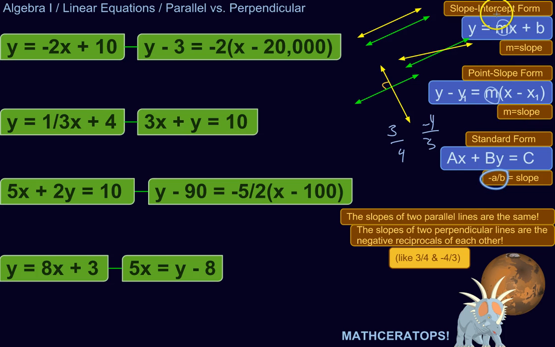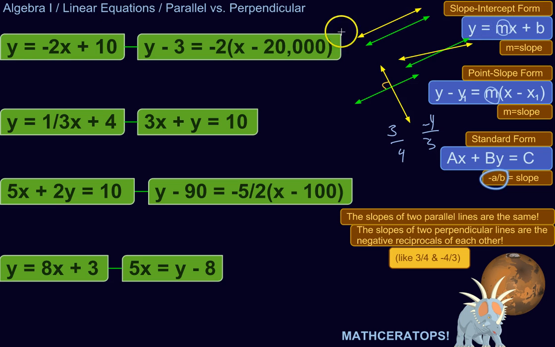We'll use this as a guide. If one of these equations is not in one of these forms, we'll just rearrange it so it is. I think they all are actually.